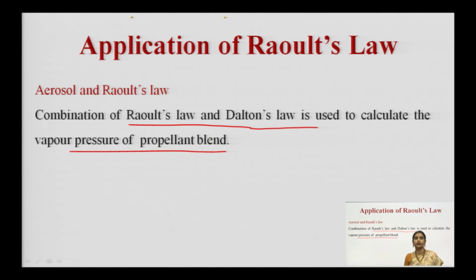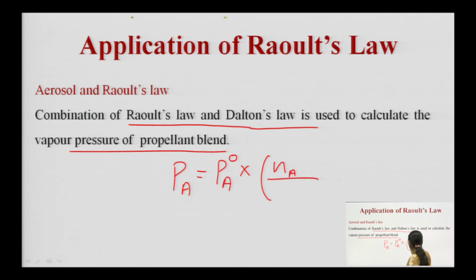What we do here is calculate the partial pressure by using Raoult's law, as we know that if Pa stands for the partial vapor pressure, it is equal to the vapor pressure of A multiplied by Na divided by Na plus Nb. This is your mole fraction of A.